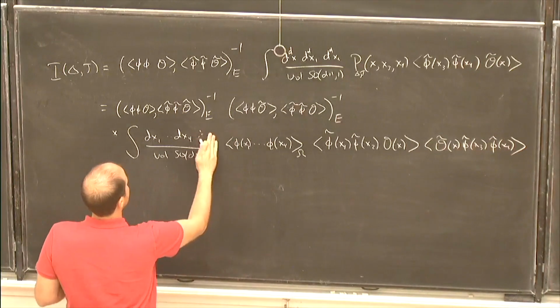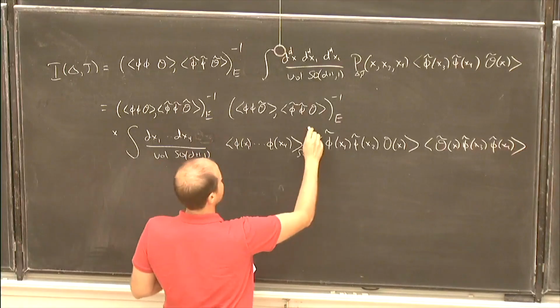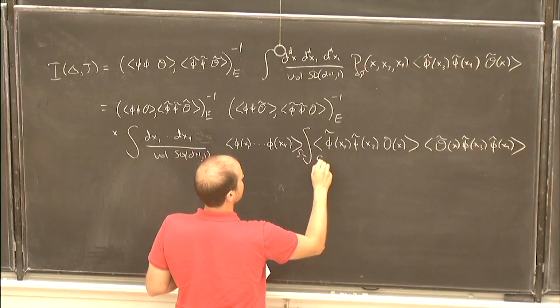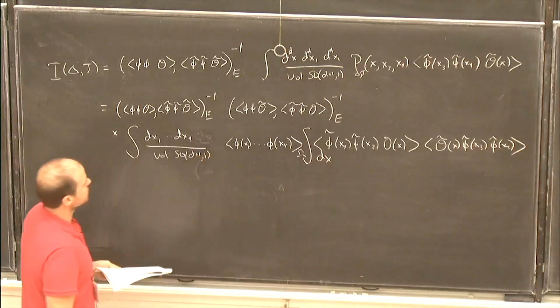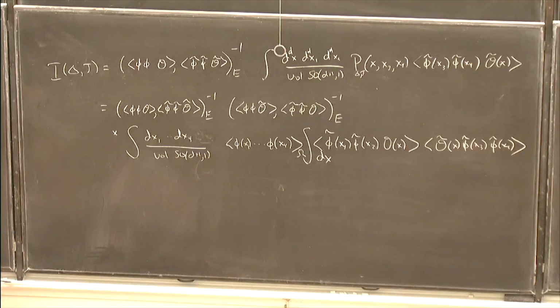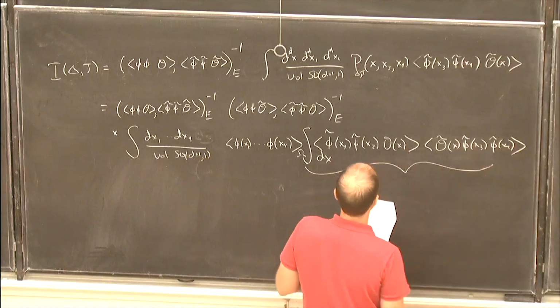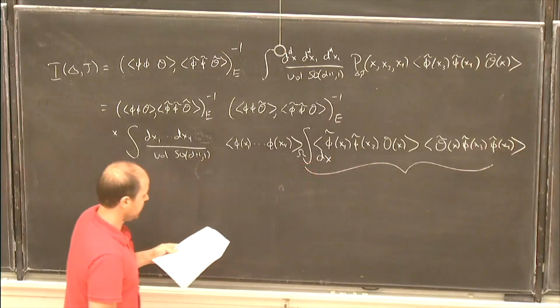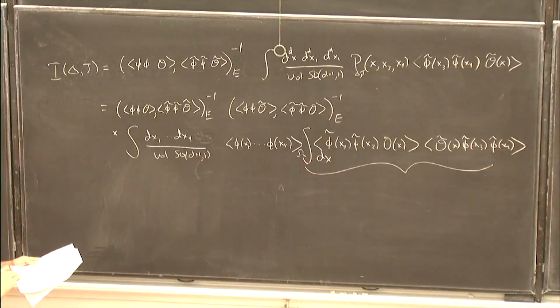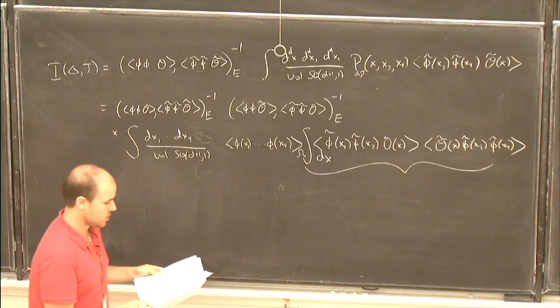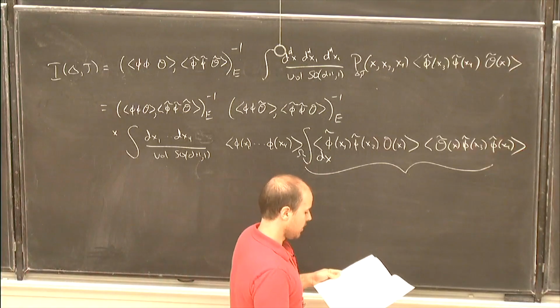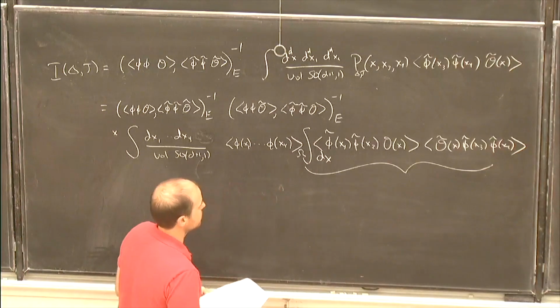So let me take one of these integrals and put it right here, integral dx. And this thing I think we talked about before. We wrote the definition of this before.